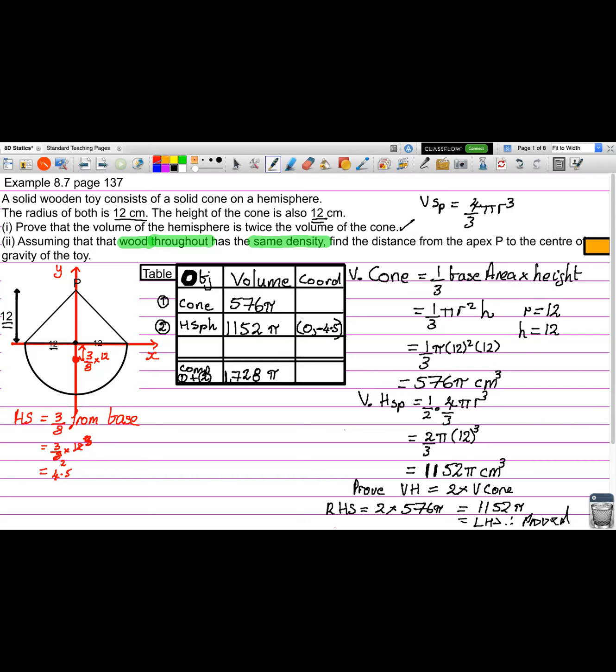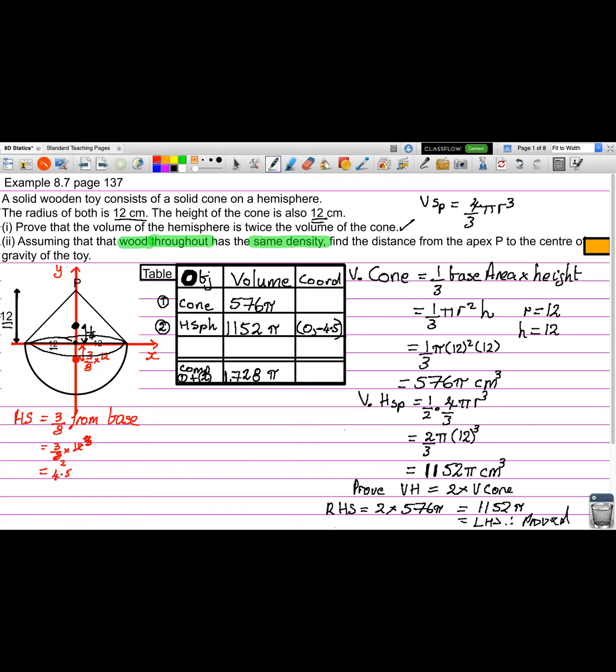Now we're going to look at where it's going to be for the cone. Don't forget, this is a three-dimensional shape. And if you remember from the formula, it's actually 1/4 of the way up.